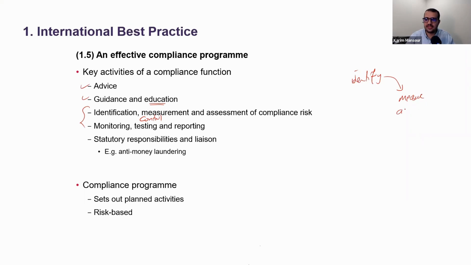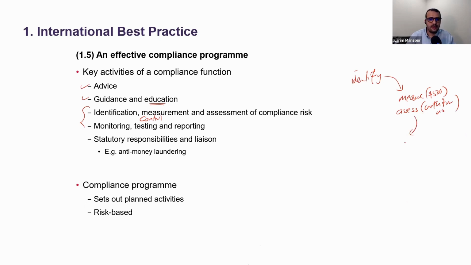And then you assess. We are noticing that because we are not adhering to this, there's a chance that we might lose, let's say, $500 in fines. Assess it. Is this worth it or not? That's an assessment.